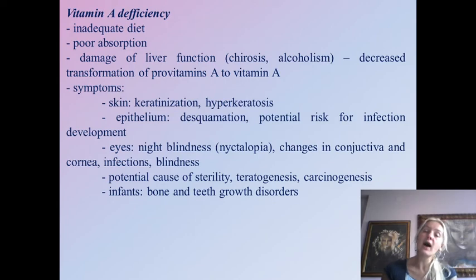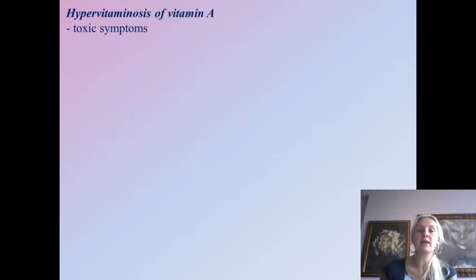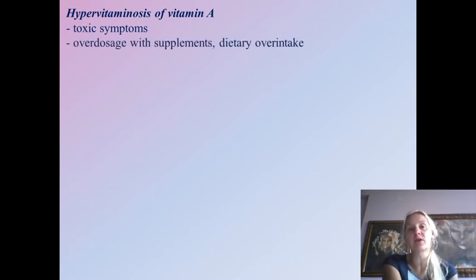But hypervitaminosis of vitamin A may also occur, exhibiting certain toxic symptoms. Usually, intoxication with vitamin A occurs as a result of overdosage with dietary supplements. Rarely, it is the result of dietary overintake of vitamin A.